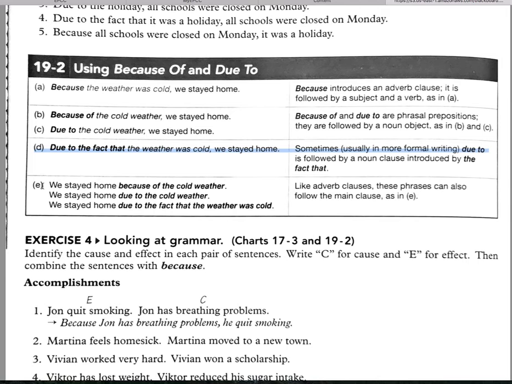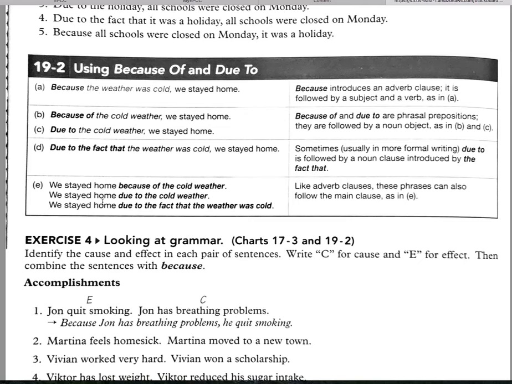Look at example letter E. We stayed home because of, there's your phrasal preposition, and then your noun object, the cold weather. We stayed home due to, prepositional phrasal, noun object, the cold weather.